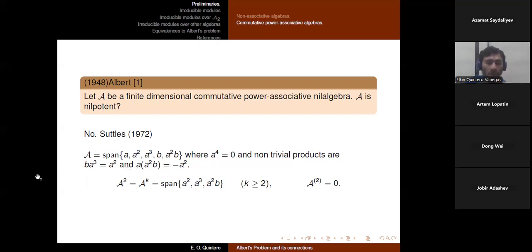Here we have an algebra such that a squared is equal to a to power k for any k greater or equal than 2, and it's the space spanned by a squared, a cubed, and a squared times b. However, if we consider A to power parenthesis 2, it satisfies that it is 0. So it's a nilalgebra which is not nilpotent, but it's solvable.